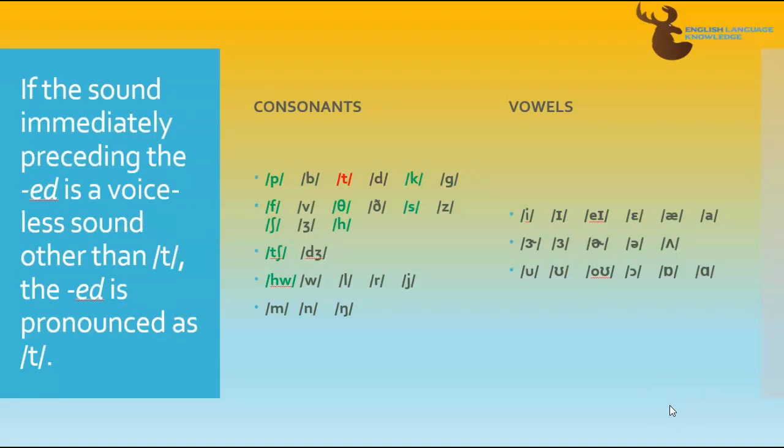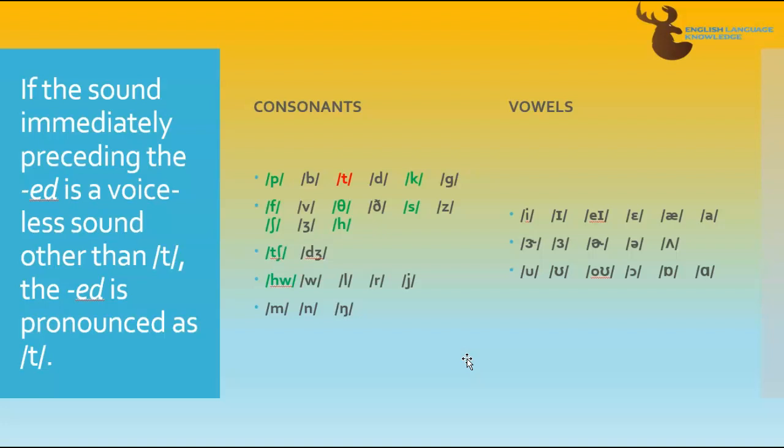For the next rule, if the sound immediately preceding the ed is a voiceless sound other than t, the ed is pronounced as t, okay? So I want you to pay attention to the sounds highlighted in green. Again, if you find any of those sounds preceding the ed at the end of a word, then that ed is going to be pronounced t.